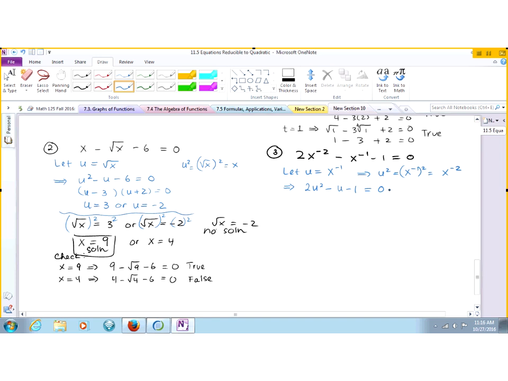For this one we have to use the AC method, right? Is it factorable? Yeah. 2 and negative 1, is it factorable?